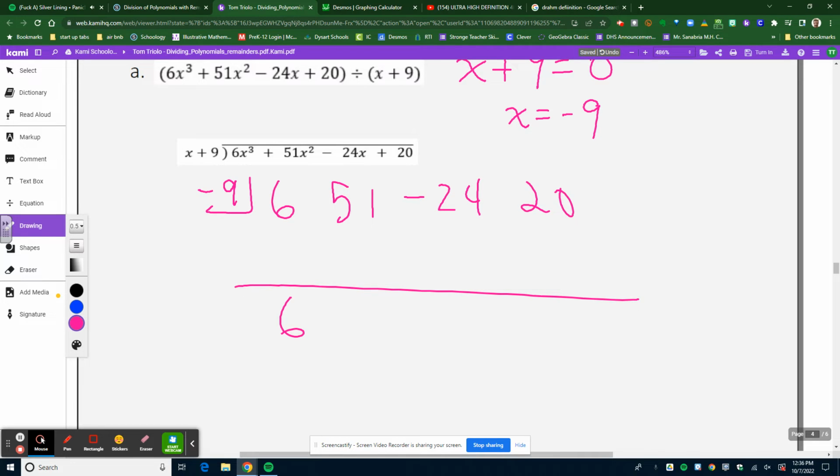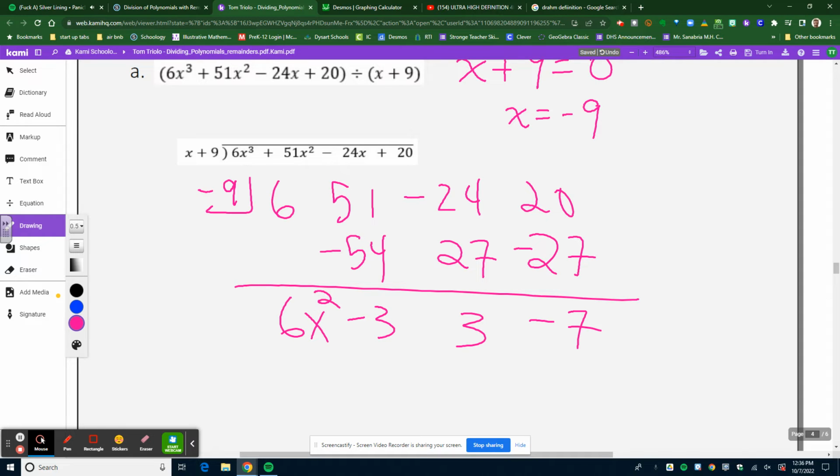Drop the 6, times, add, times, add, times, add. So my remainder is negative 7. 6x squared minus 3x plus 3. And I'd prefer you write it this way: all your remainders should be plus negative 7 over x plus 9. Don't write your remainder as a minus. I'm not going to mark it wrong, but it's kind of bad form.